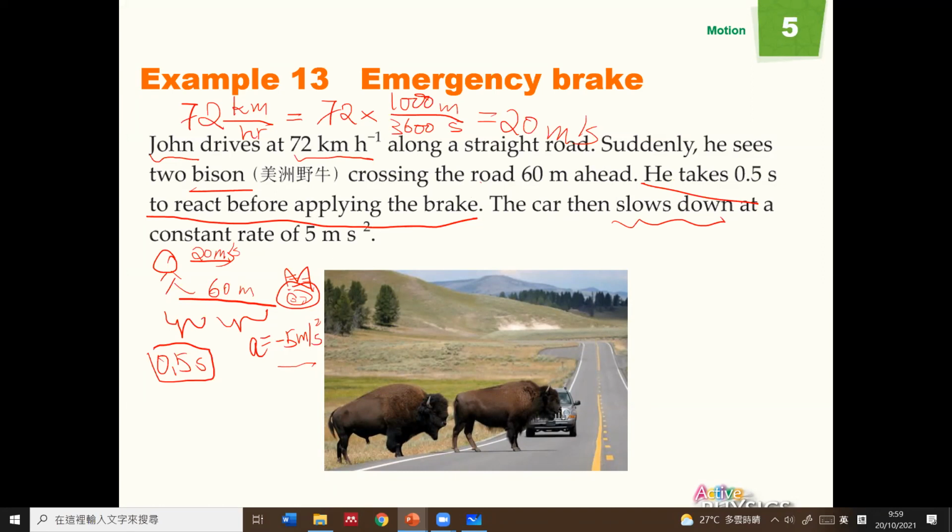So for part A, find the thinking distance. That is the distance traveled by the car between seeing the cows and applying the brake. In this case, we see a new term, thinking distance.